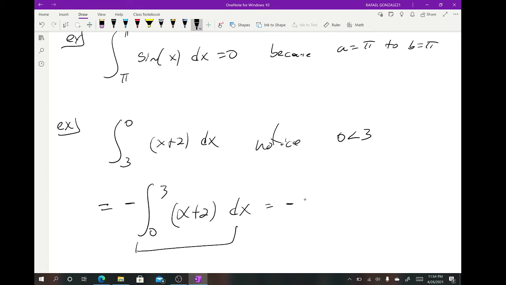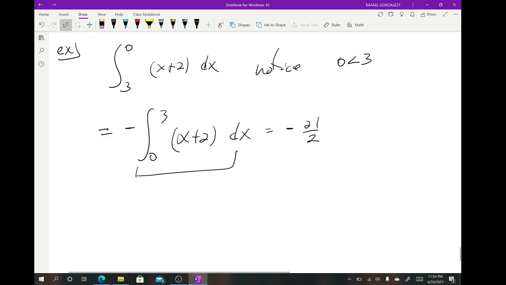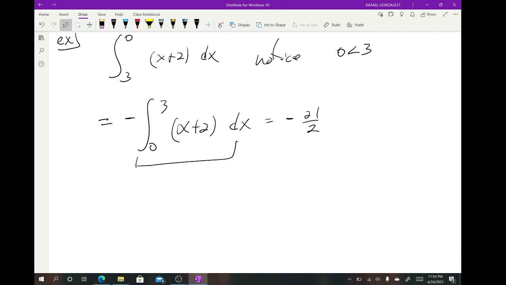So we have negative 21 over 2 because this piece is positive, but we have a negative in front, so we get negative 21 over 2. Okay, so that's two very important rules of integration.